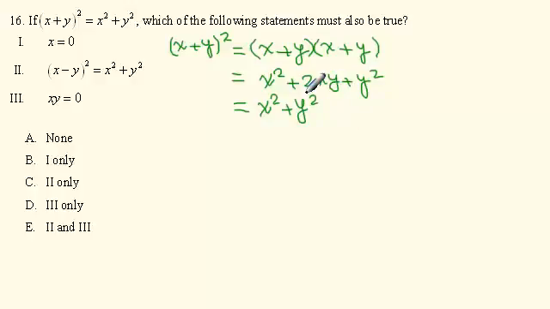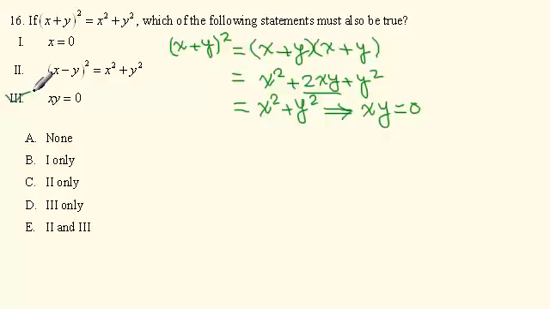That means this middle term is equal to 0. This is possible only when xy is 0. So this implies that x times y must be equal to 0.